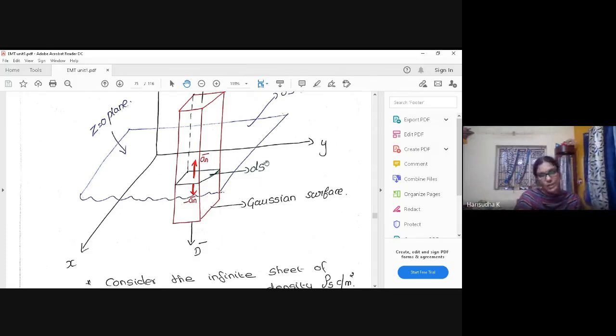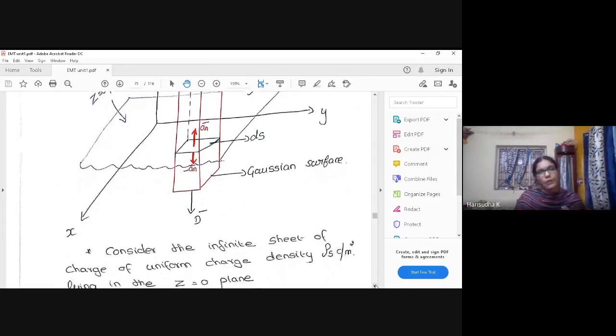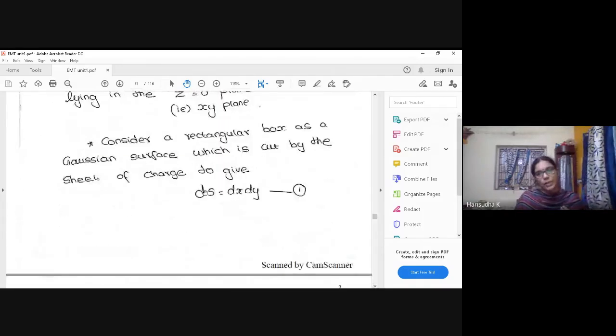The portion which cuts the rectangular box also lies in the xy plane. Therefore, your differential surface area will be equal to dx into dy. We know that z is equal to 0, so the differential surface area is dx into dy.